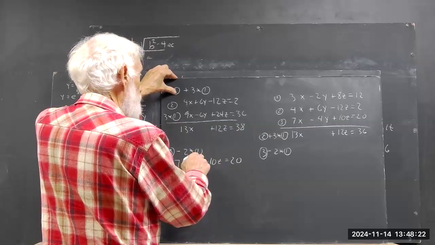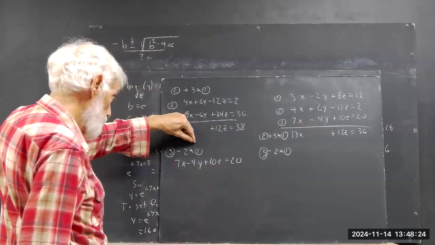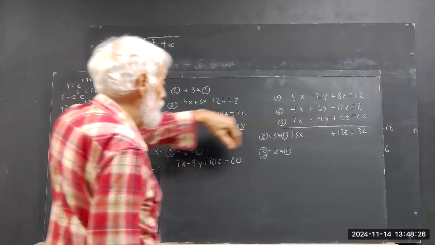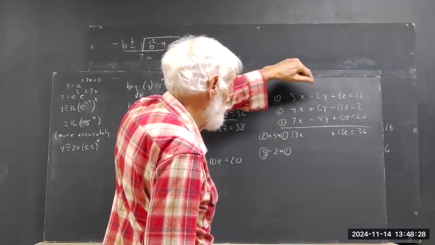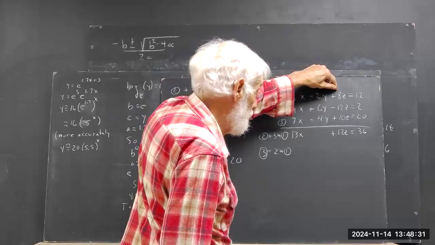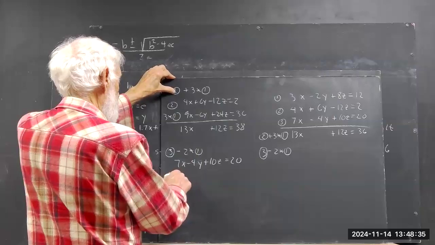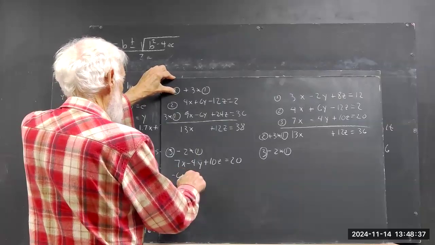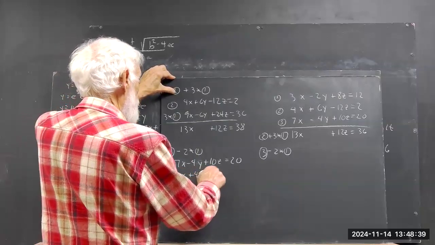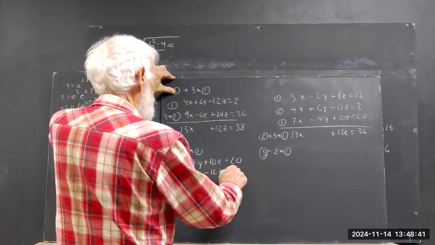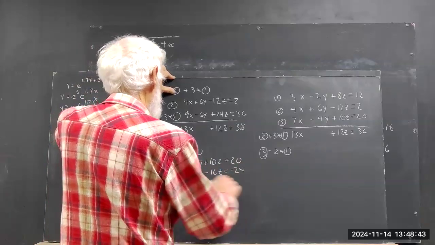And then minus 2 times equation 1. So minus 2 on the left side is going to give us negative 6x plus 4y minus 16z. On the right, it's going to give us negative 24. So we're going to have minus 6x plus 4y minus 16z equals negative 24.